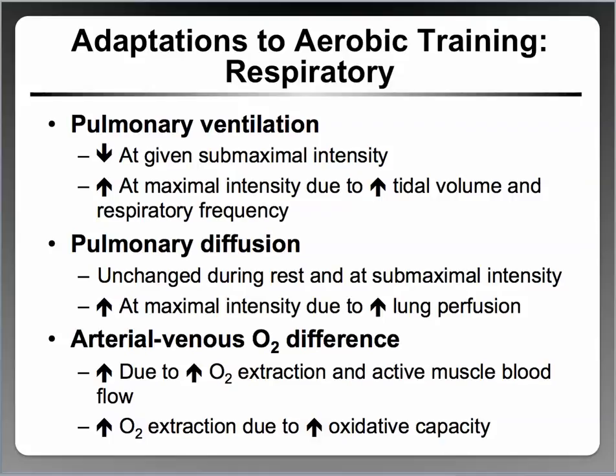So despite this little bit that we're going to talk about, it is very important. So let's talk about pulmonary ventilation, just the volume that you're moving in and out of the lungs.